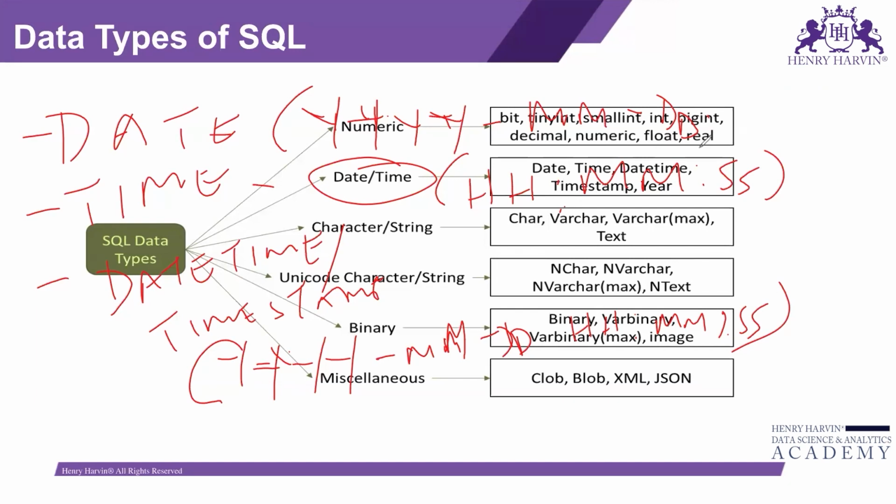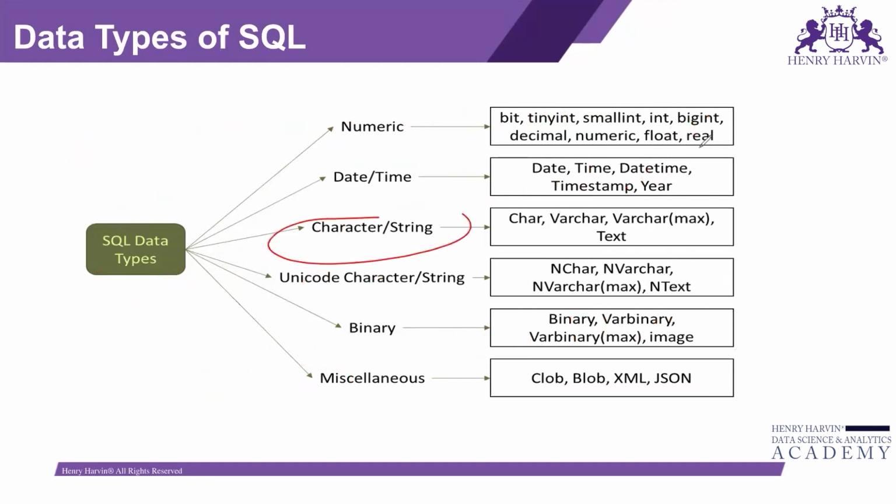After the date time values, we have the character or string. The character or string we use so that we can give characters. In the character or string, number one, we have the character itself, which is given as char, and we must specify a small n.